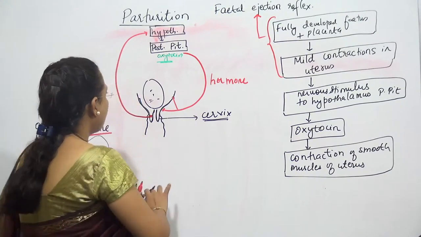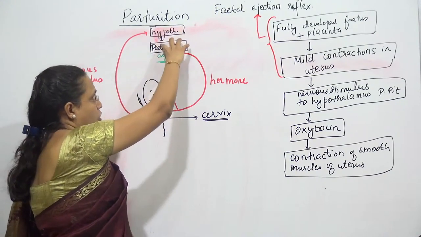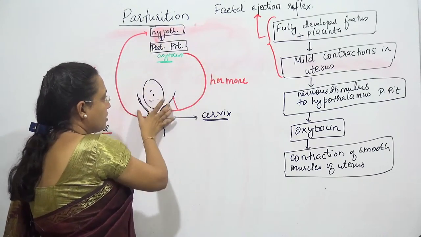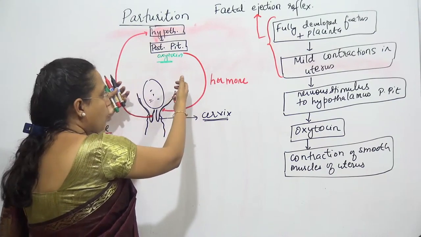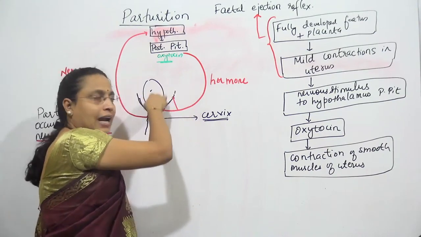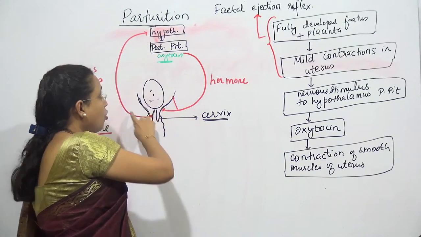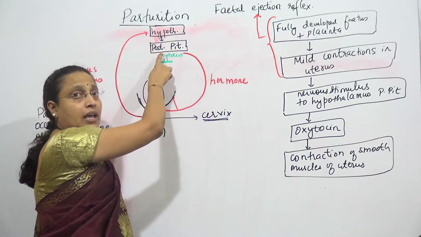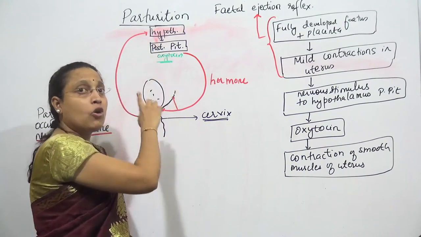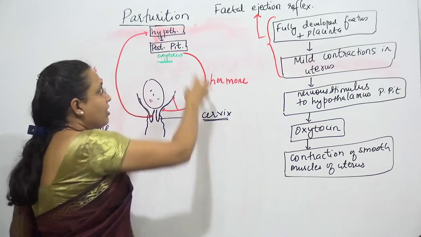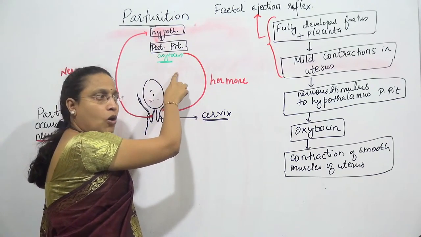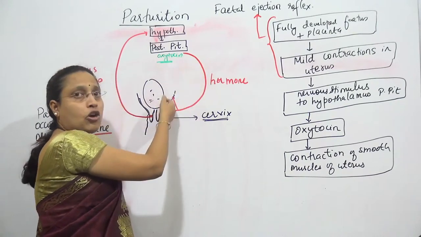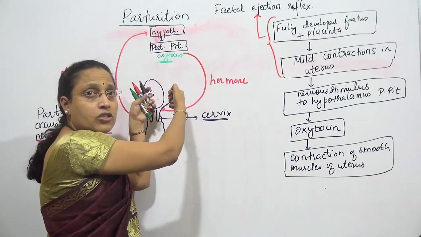So now what happens? Nervous stimulus has started, oxytocin comes and binds to the smooth muscles of the uterus, and the muscle starts to contract. The more the contraction, the more the head pushes against the cervix, and the nervous impulse will again be stronger than before. And therefore more oxytocin. When the concentration of oxytocin is more, again the contraction will be very strong.